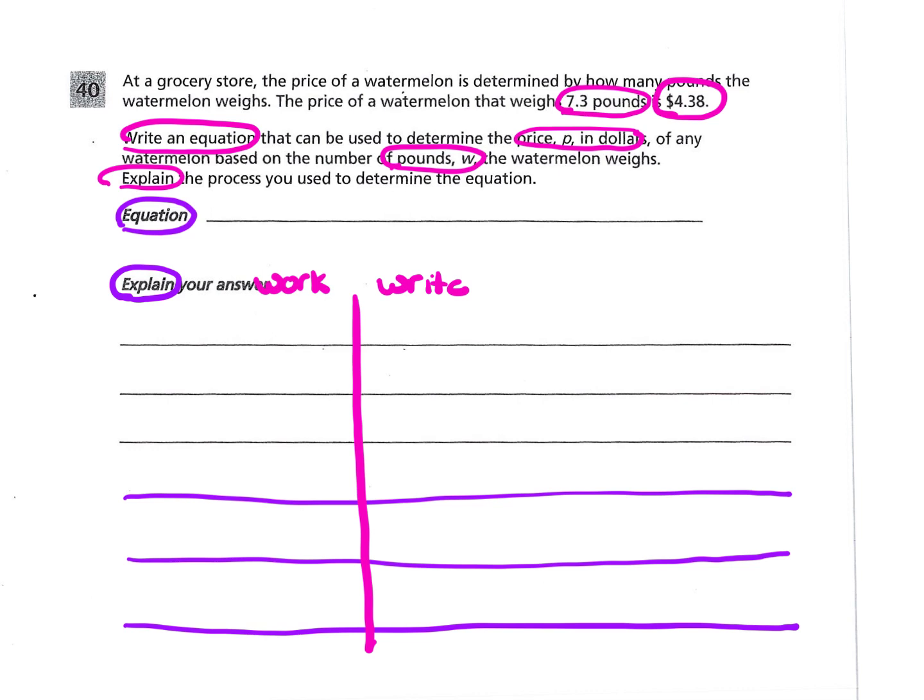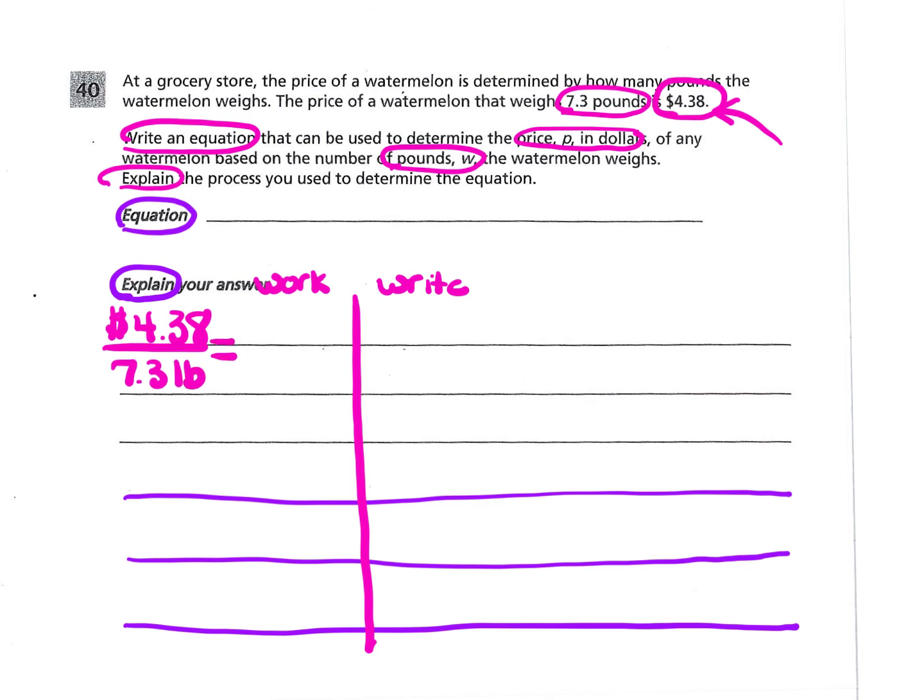Well, the real information, the numerical information we've been given is here. And that's a ratio. We're going to set up, with money on top, of course, $4.38 per 7.3 pounds.